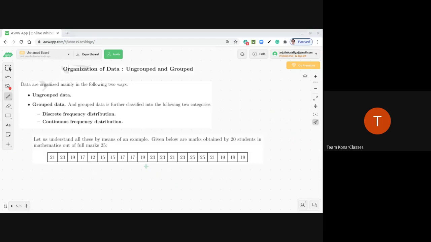This kind of collection, dear students, is raw data, and this raw data is known as ungrouped data, because you did not get the time or a way to group it. Why is it ungrouped? Because you just simply collected the data without diving deep into it.